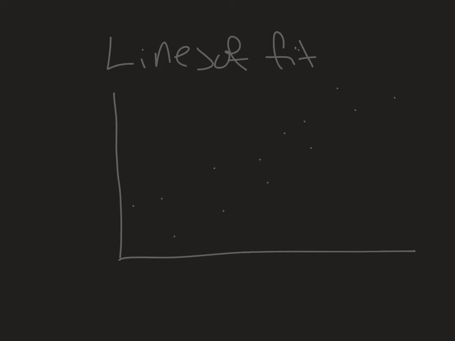I think we can all agree I wouldn't want to draw my line like this. That's not very close or very indicative of what is happening to this data set. It looks to me we have more of a positive association. So perhaps a better trend line would be going up and right.